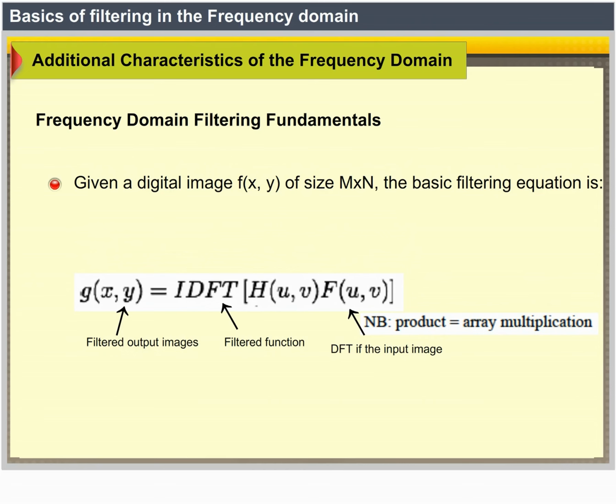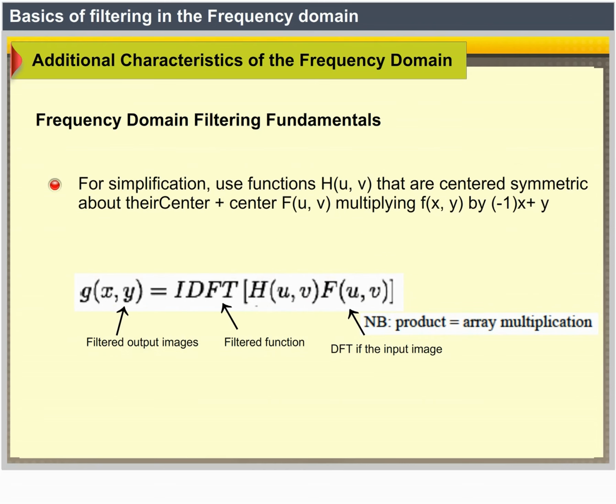For simplification, use functions H of u, v that are centered and symmetric about their center, and center F of u, v by multiplying f of x, y by minus 1 to the power x plus y.